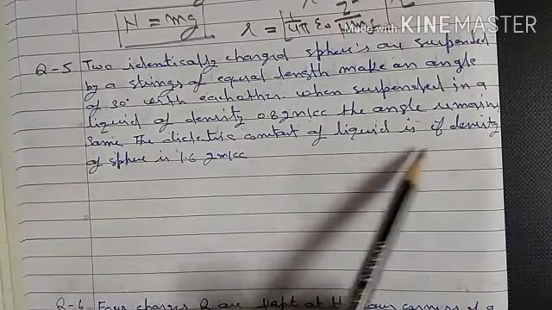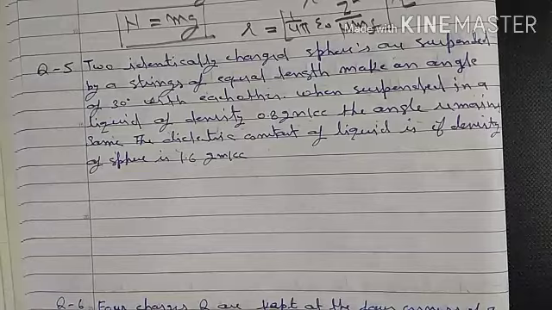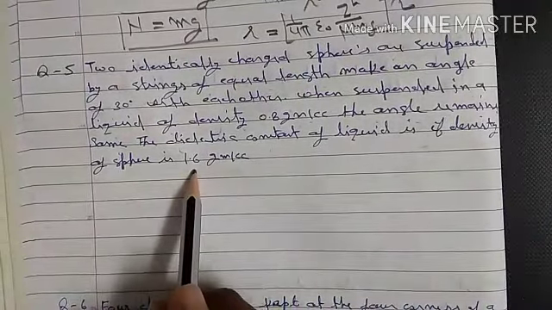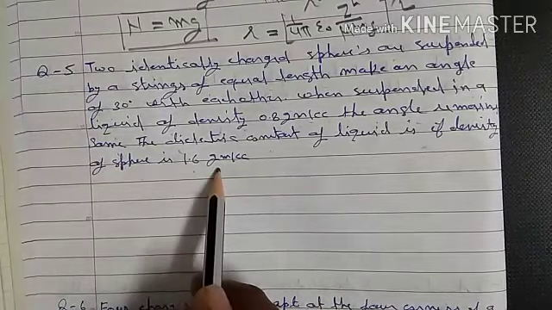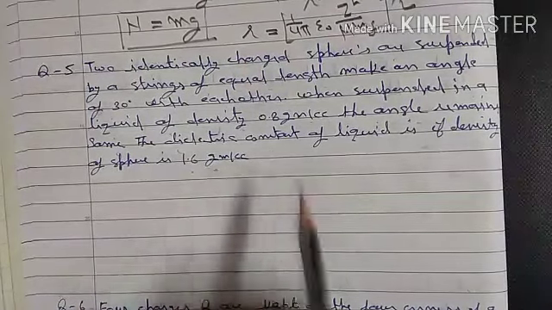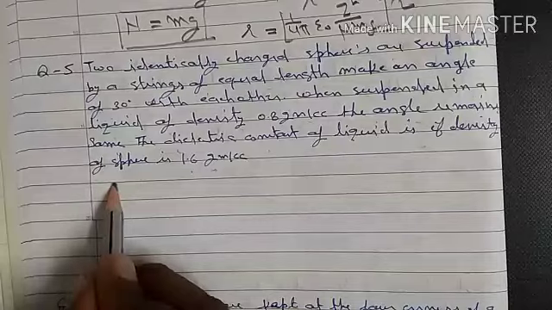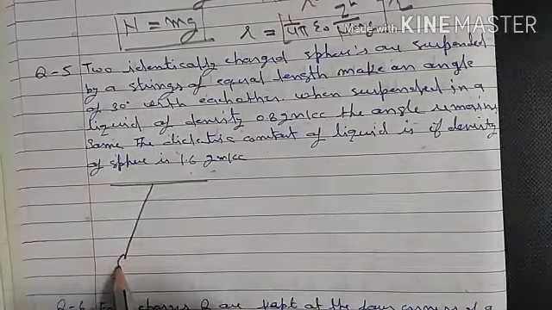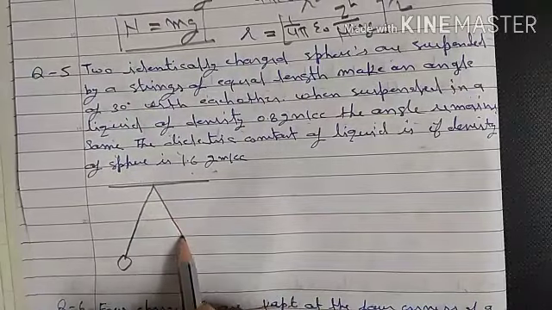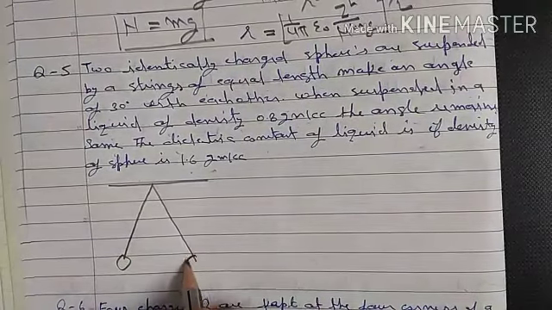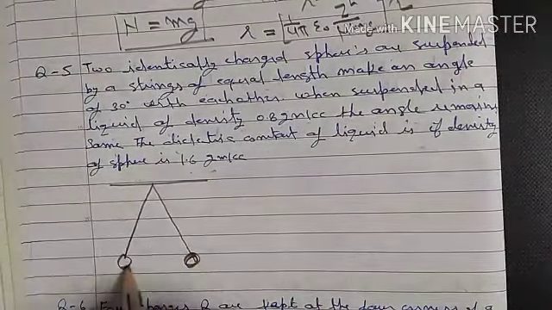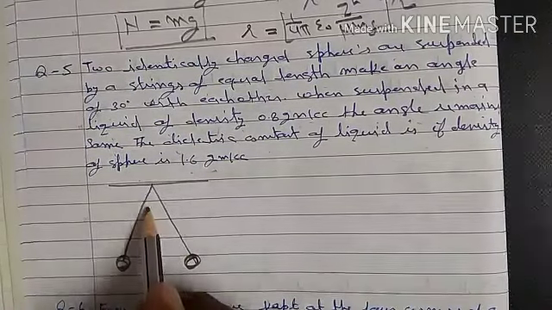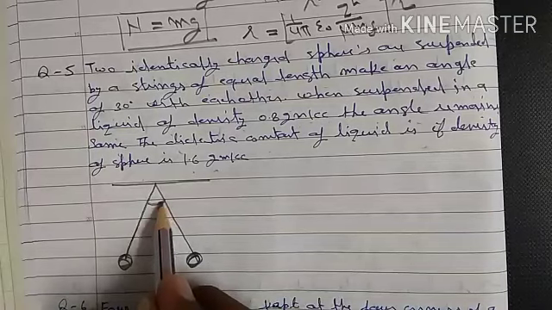The dielectric constant of the liquid is? The density of the sphere is 1.6 gram per centimeter cube. Now according to the question, two spheres are suspended, so the figure will be like this. Suppose these are the two suspended spheres, and it is given that the angle here is 30 degrees.